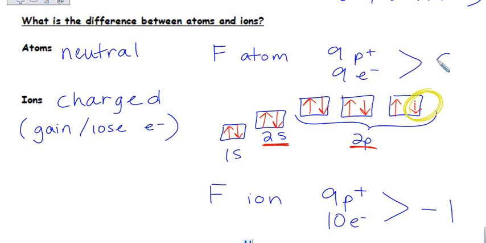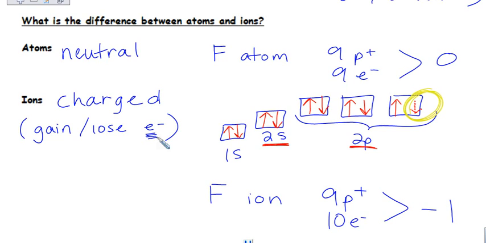The atom has no charge. Neutral. The fluorine ion is a charged particle that results from either gaining or losing electrons. That's important. Electrons. There's a question somewhere that'll say a positive charge is formed when you gain a proton.